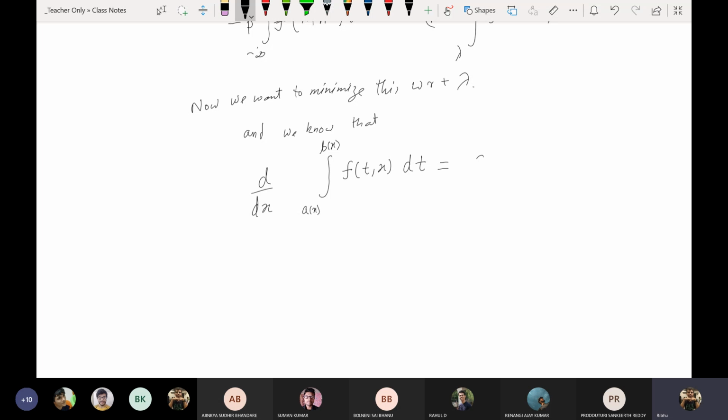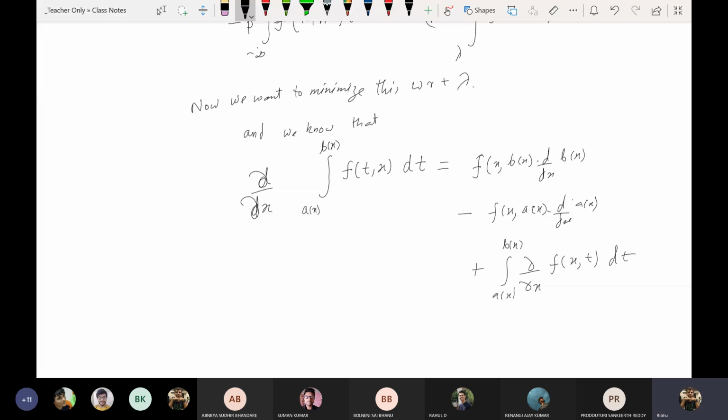And this is f of x, b(x) times d by dx of b(x), minus f of x, a(x) times d by dx of a(x), plus the integral from a(x) to b(x) of del by del x of f dt, because this is a partial derivative.